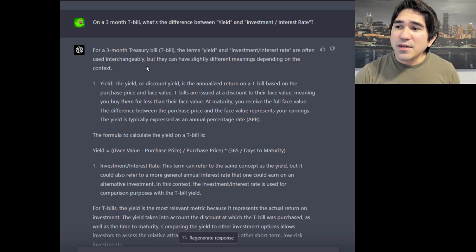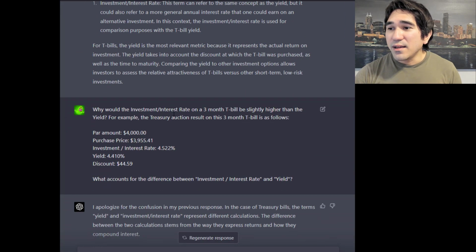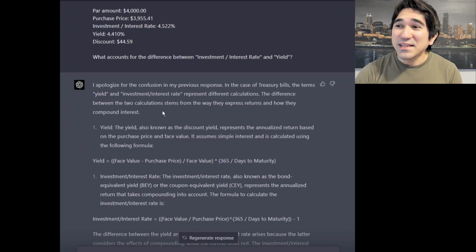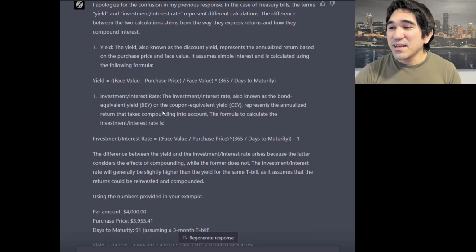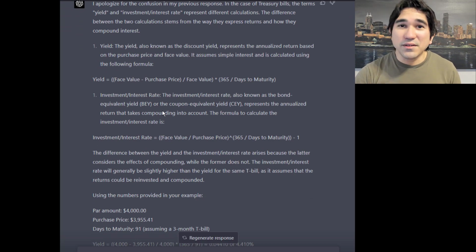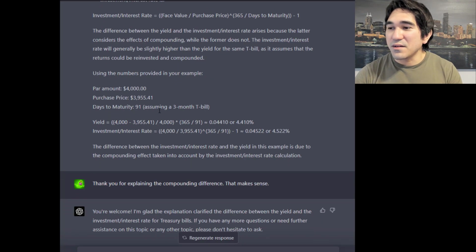So I asked ChatGPT if it happened to know, and it gave me some explanation of what could be the difference between what Treasury Direct is referring to. It gave me these math formulas as well, and I also asked some follow-up questions about the math going into this, and it was quite interesting. It was able to understand what I'm talking about in the same context, and we had a conversation about what the difference of these things are.